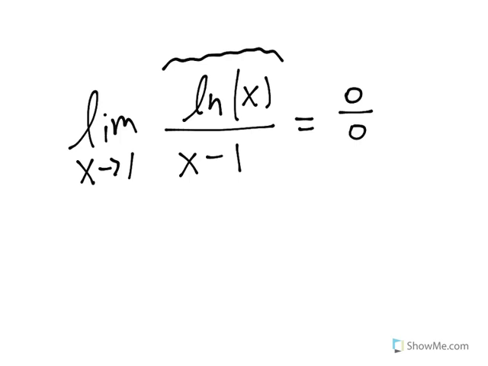By the way, here's some notation that I like to use. When you see the limit as x goes to 1 and you get 0 over 0, instead of just saying that's equal to 0 over 0, we take the limit as x goes to 1 of the derivative of the top divided by the derivative of the bottom. That's what we do with L'Hopital's rule. I like to put a little LHR on my equal sign so that I know why they're equal.